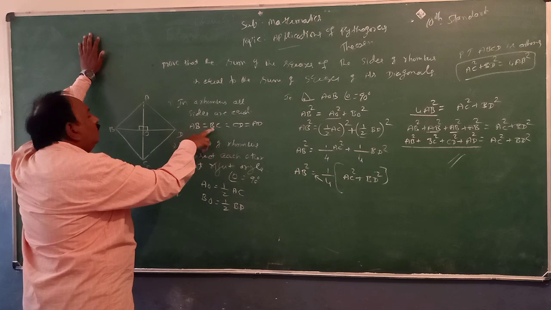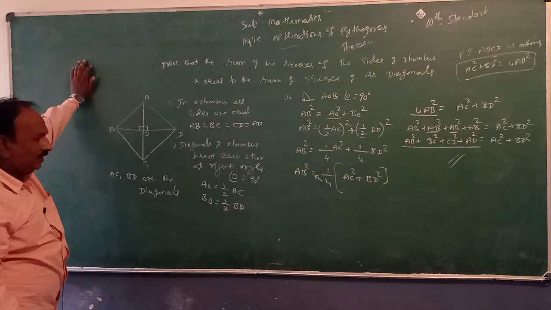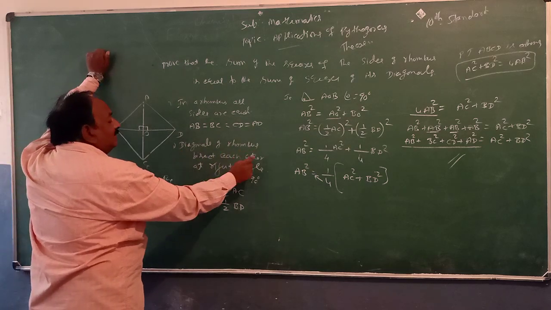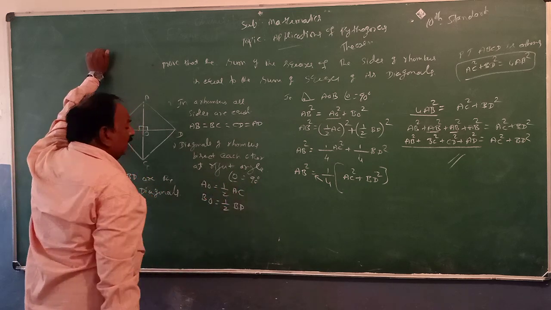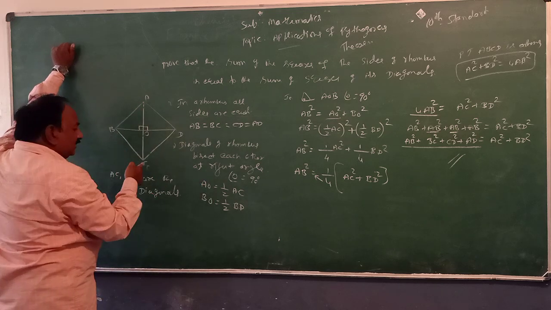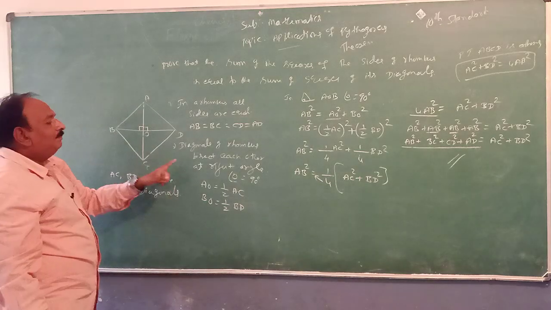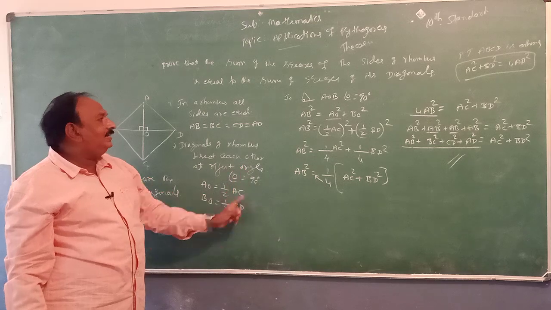So AB is equal to BC is equal to CD is equal to AD because all sides are equal. Second property, diagonals of the rhombus bisect each other at right angles. Angle O is equal to 90 degrees, AO is equal to half of AC, BO is equal to half of BD.